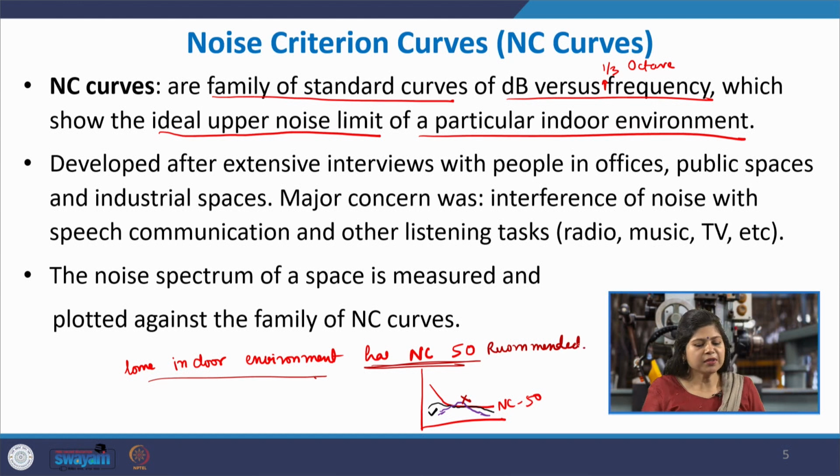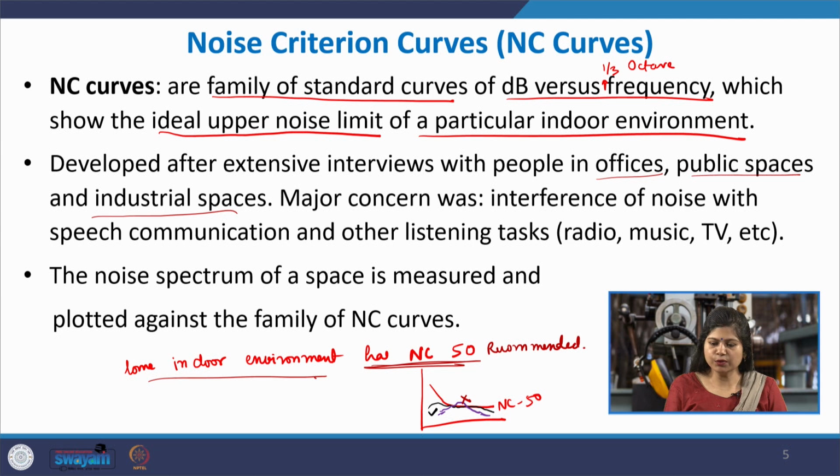So, how have they been derived? Usually in the past a lot of research has been conducted, with extensive interviews and listening studies with people residing in various kinds of indoor spaces, such as offices, public spaces, industrial spaces, and so on. The major concern found was that within the indoor space the noise level should be such that it does not interfere with tasks that involve listening.